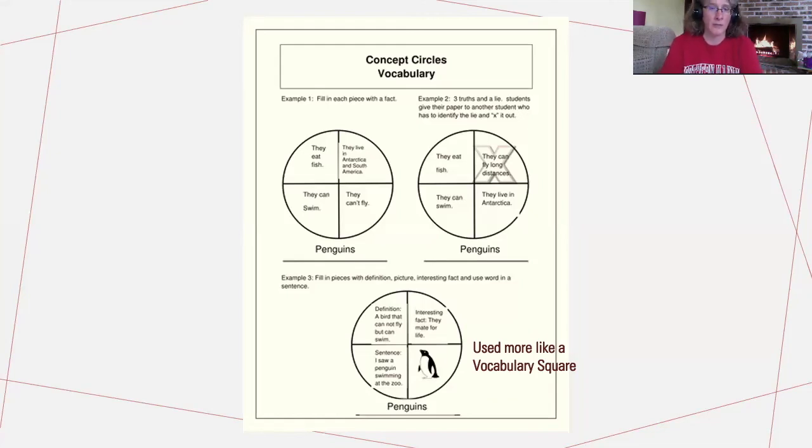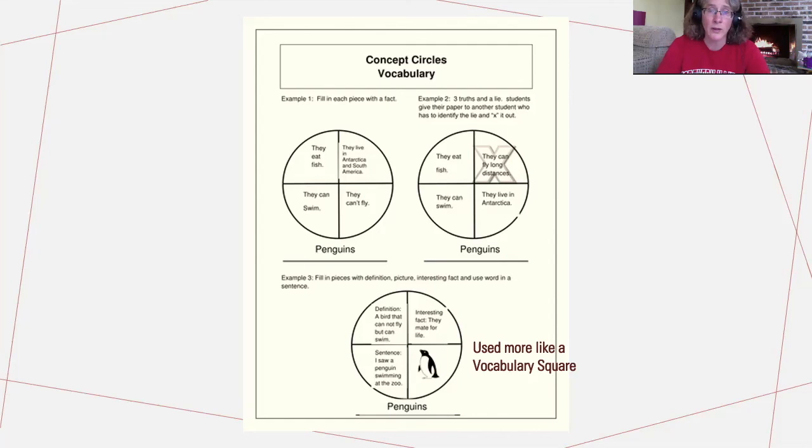They were given: they eat fish, they can swim, they can't fly. The one that seems to be added is they live in Antarctica and South America. They had to find another idea that relates to penguins that's not already specified.